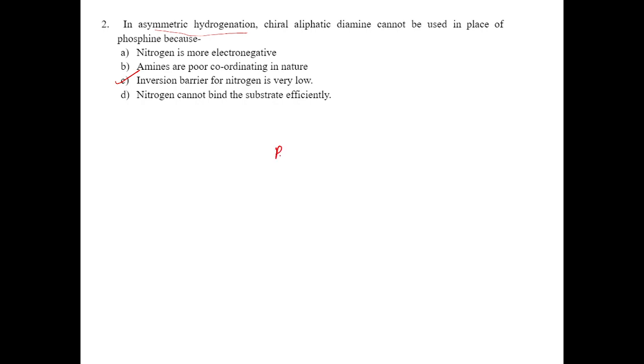If you follow that, it is actually a diphosphine catalyst.